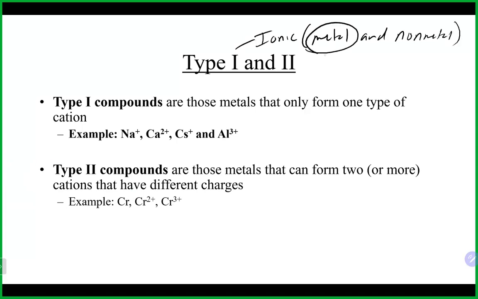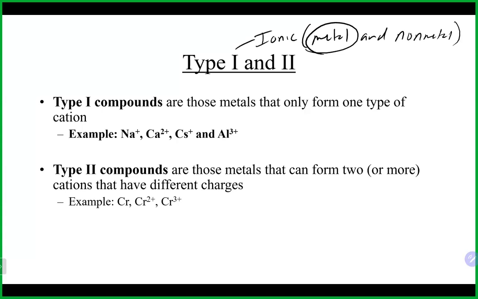When you're naming anything, if you have a metal involved, that is really the most important thing to look at. So if you see a metal involved, that is where you should look to determine how you should name this particular compound. The non-metal is not really that important in this case. It is really always the metal when it's involved. You should always do that.